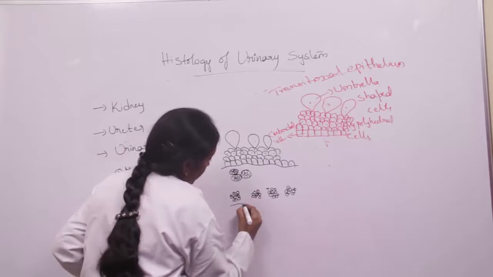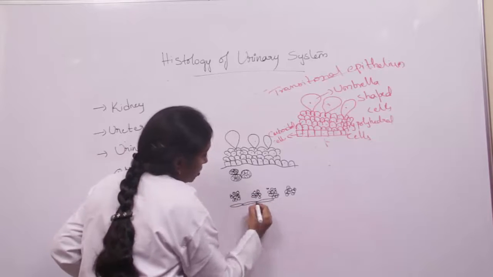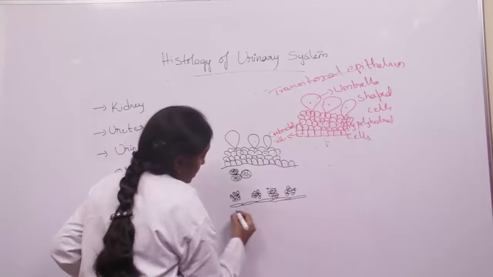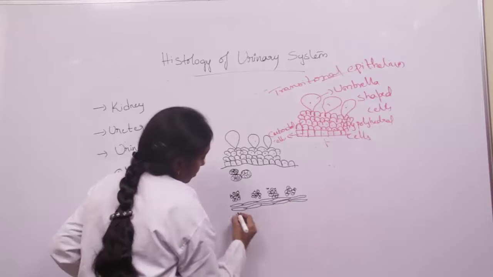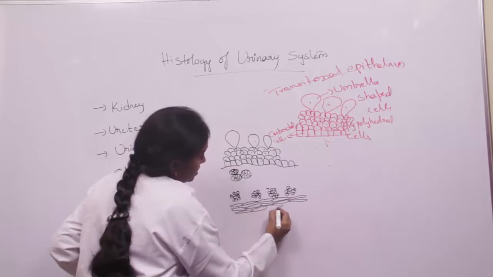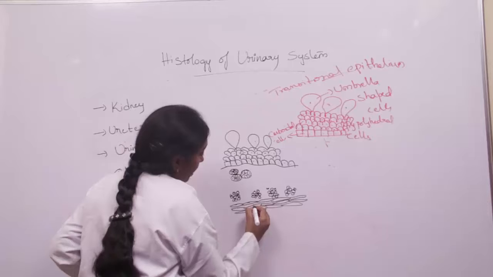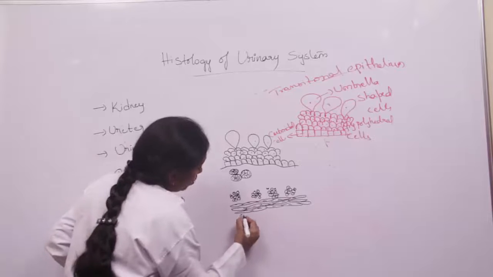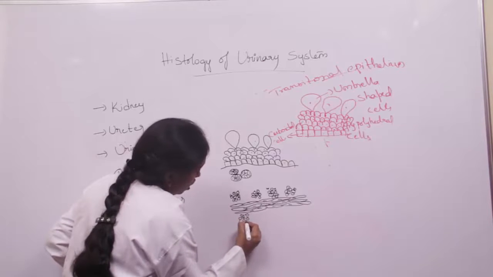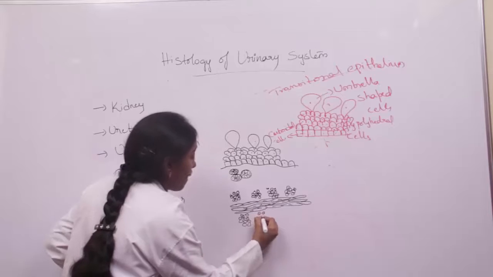We know that smooth muscle has spindle shaped cells with tapering ends, and the nucleus is flattened and elongated. So this is the middle circular layer with flattened nucleus, and again the outer longitudinal muscle layer.